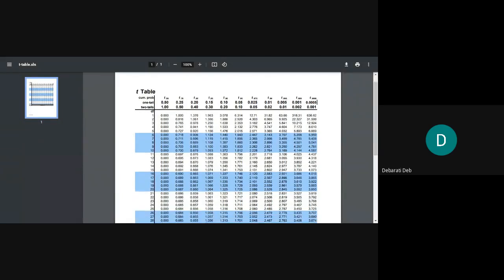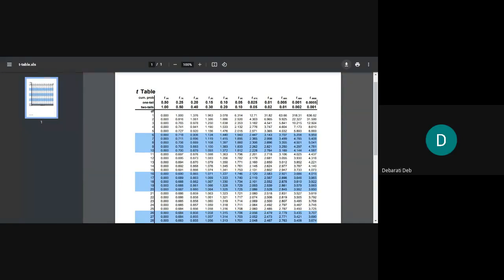Can you see one table? It is written T table. Yes, ma'am.